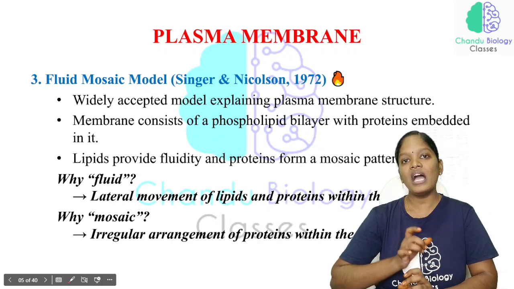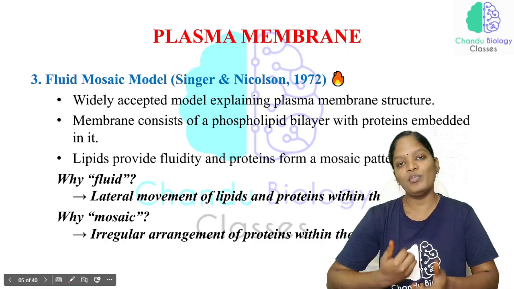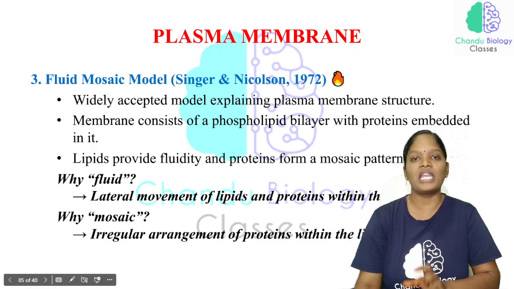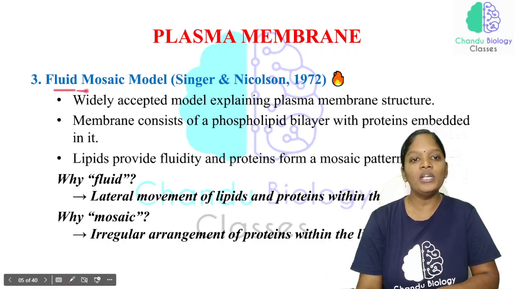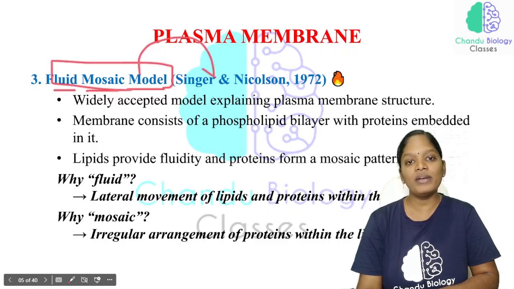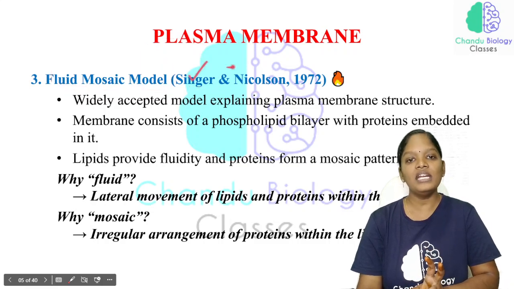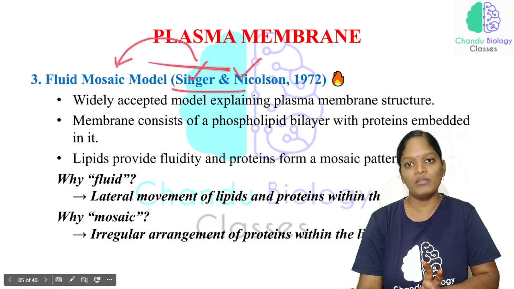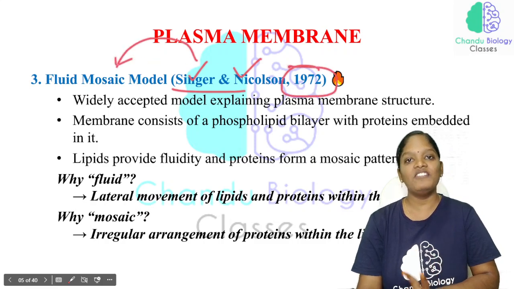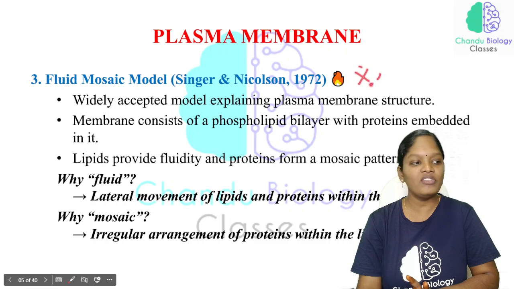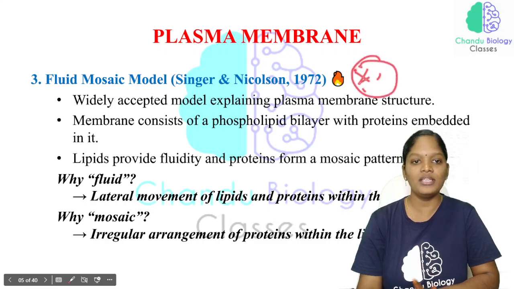Now there is an important model which explains the structure of the plasma membrane, and that model is the fluid mosaic model. This fluid mosaic model was proposed by the scientists Singer and Nicolson. They proposed the fluid mosaic model in the year 1972. This is an important fact to keep in mind from the exam point of view.